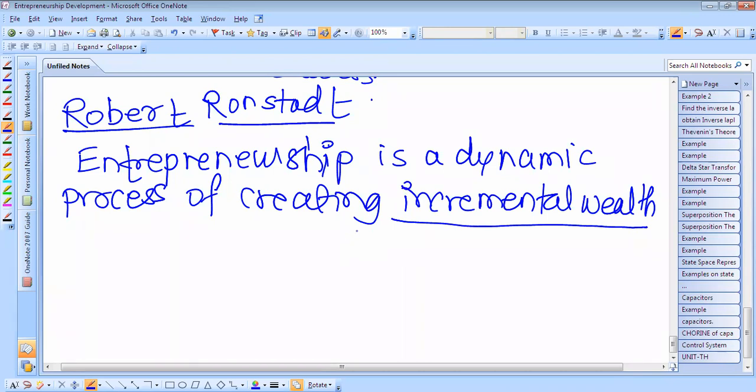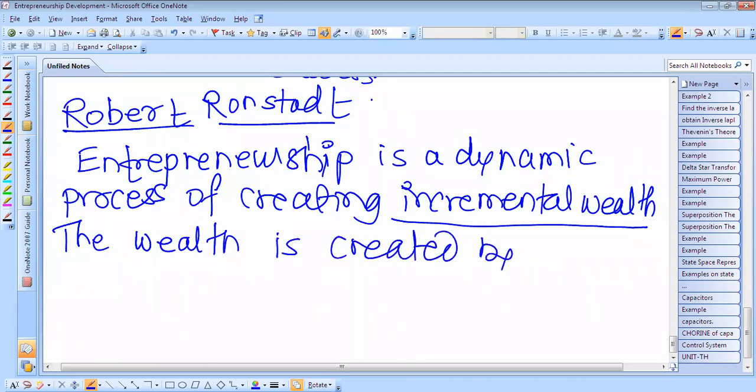This wealth is created by individuals, not by the group.